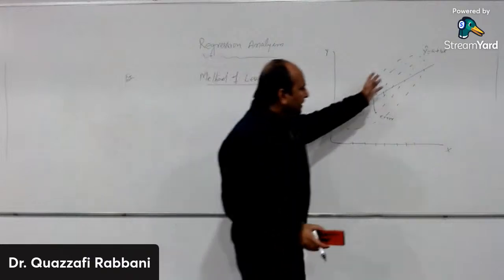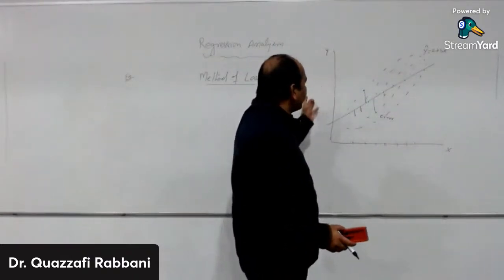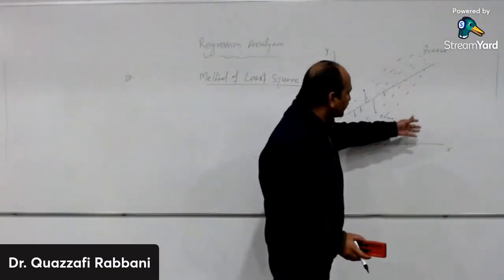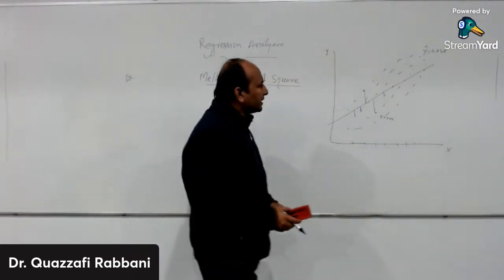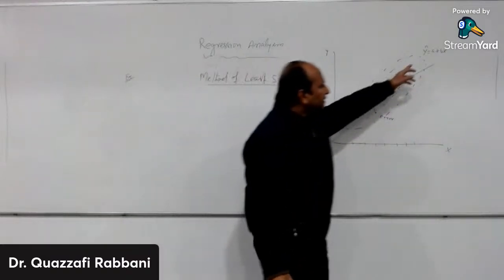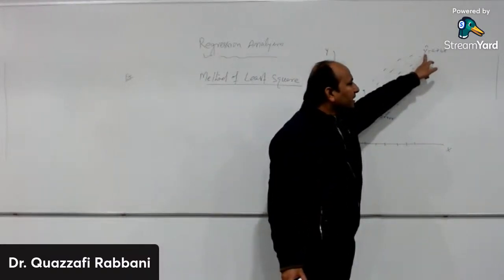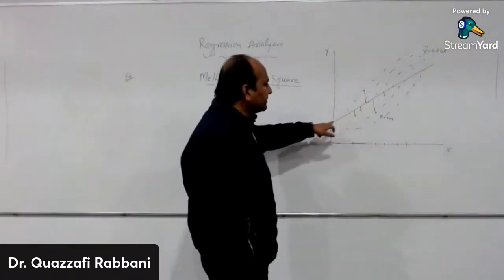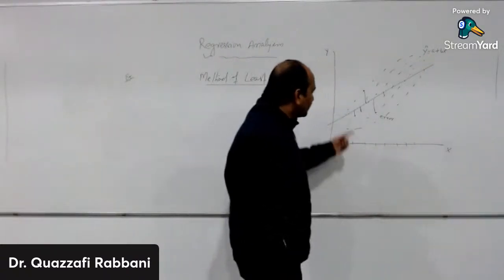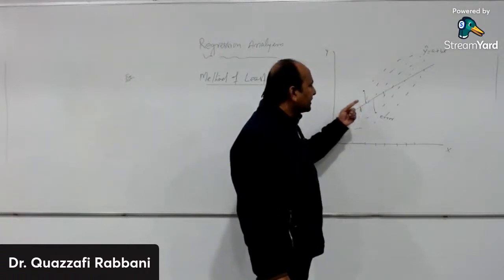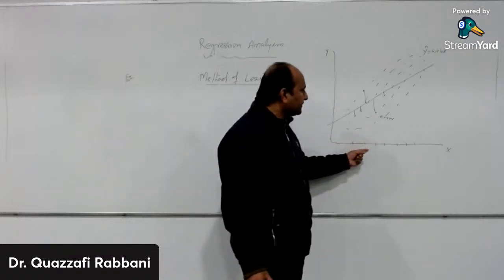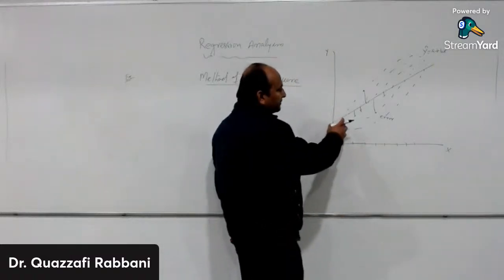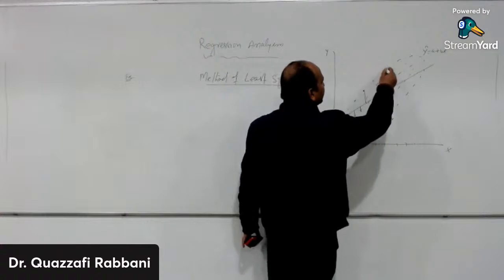This is the actual values of x and y, and we plot x on the x axis and y on the y axis, and we estimate y on x. This is the estimated line, also known as the regression equation y on x. On this line, you will get the estimated value of y for the given value of x, but the actual value of y is the original point.